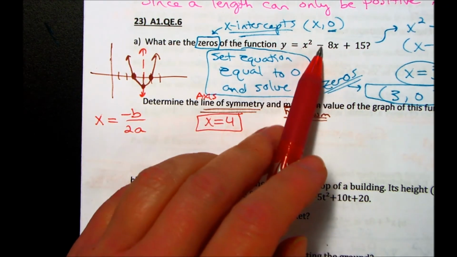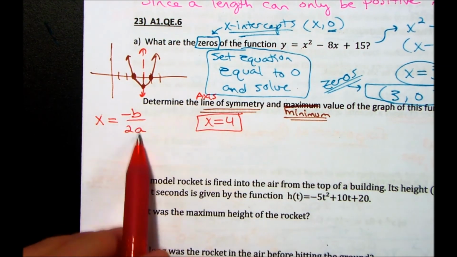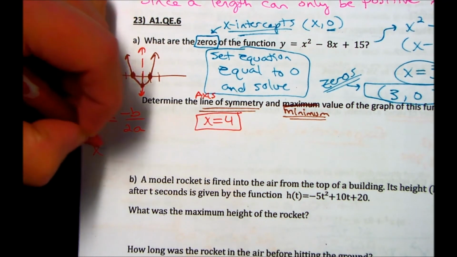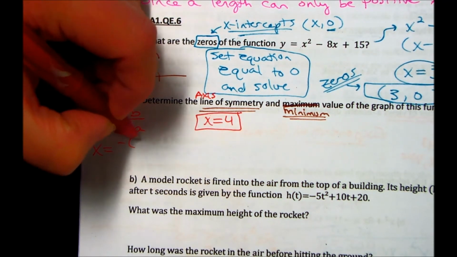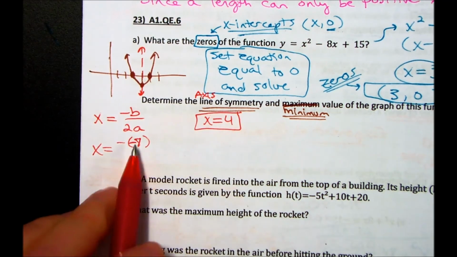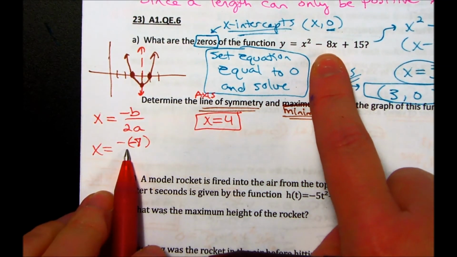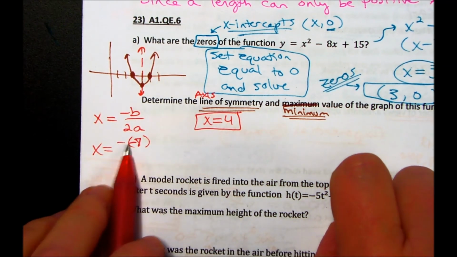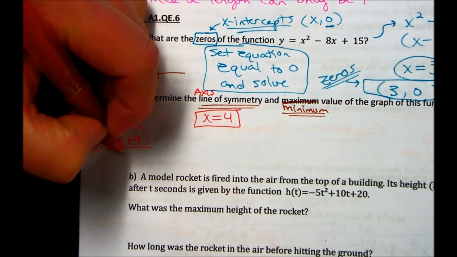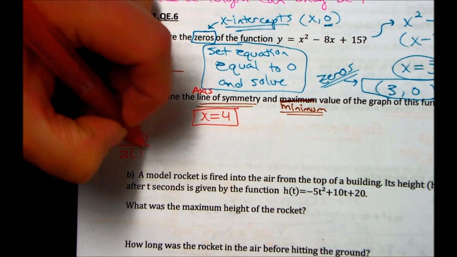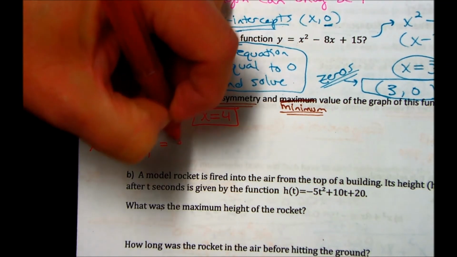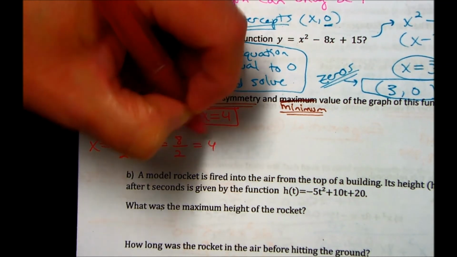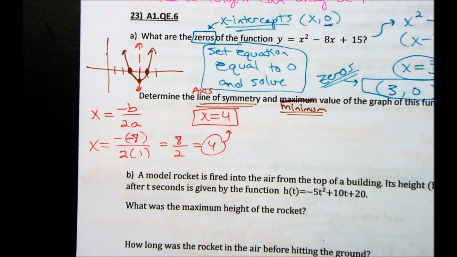So if I were to substitute negative 8 and 1 into this little equation here, I would get negative negative 8, because b is negative, so I would be taking the opposite of b. So that would be a double negative over 2 times a, which is 1, which would give me positive 8 over 2, which equals 4, which is exactly what we had there.